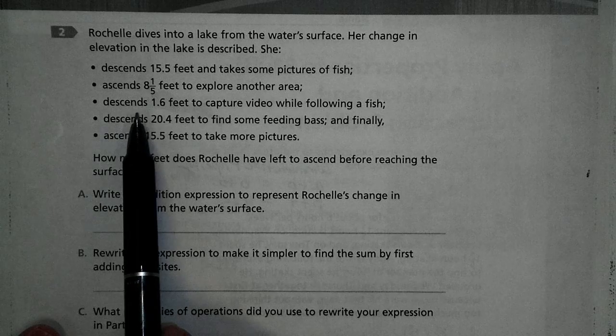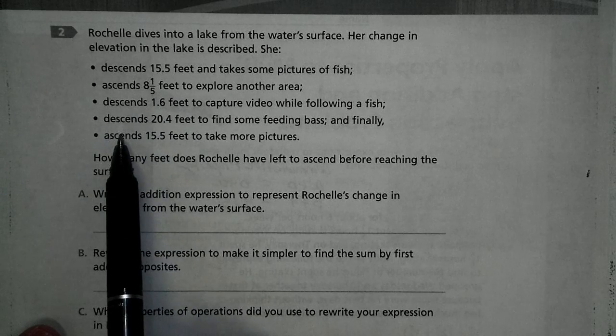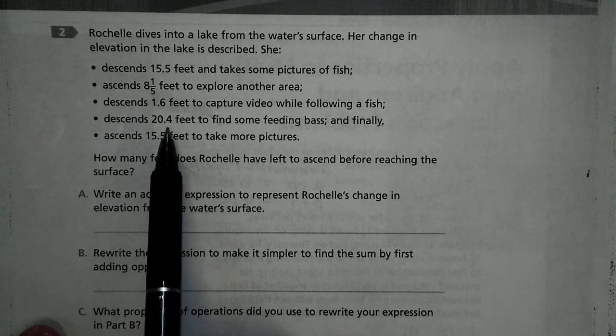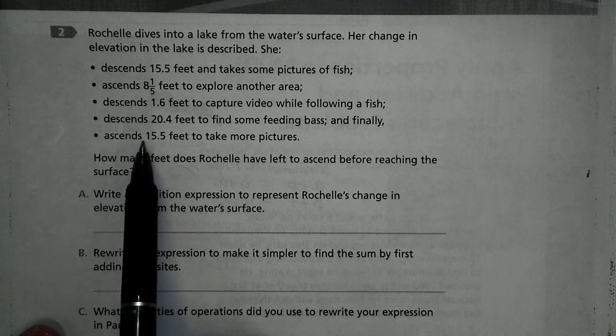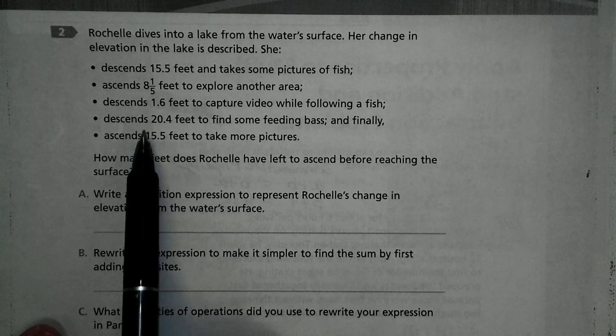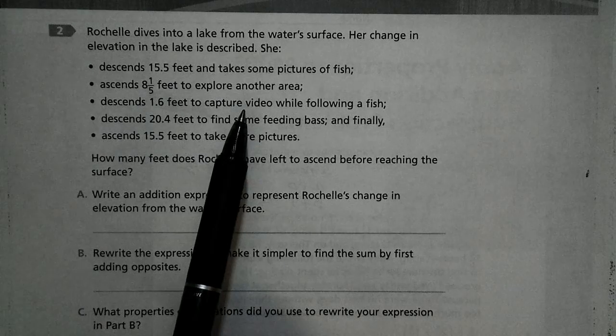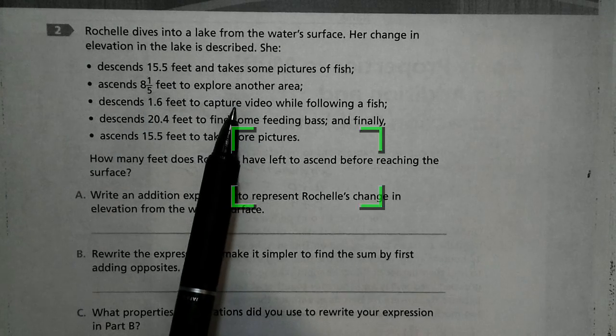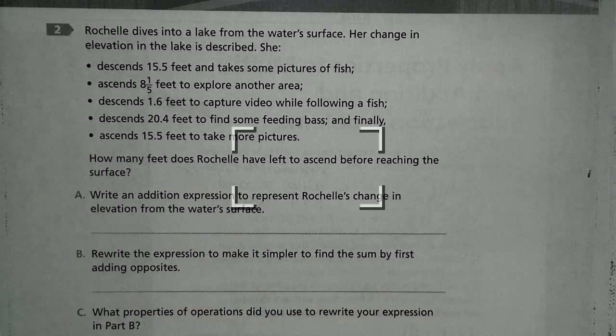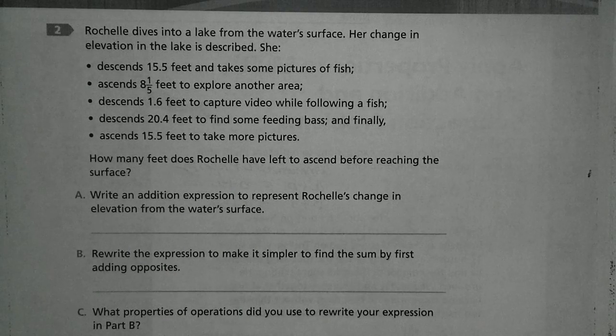She descends 1 and 6/10 feet. She descends again 20 and 4/10, and ascends 15 and 5/10. Okay, so remember, descend means she's going down, ascend means she's coming up. So how many feet does Rochelle have left to ascend before reaching the surface?